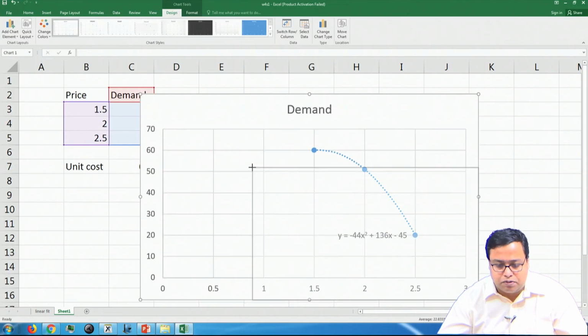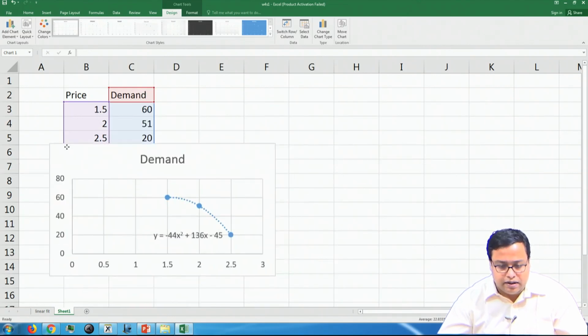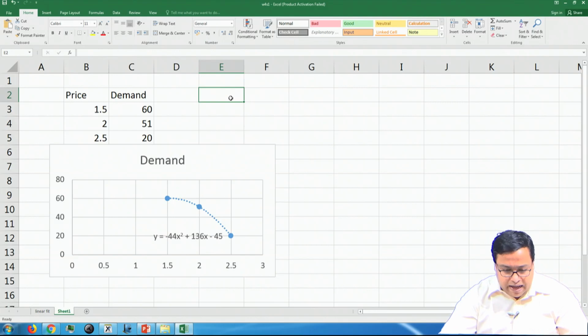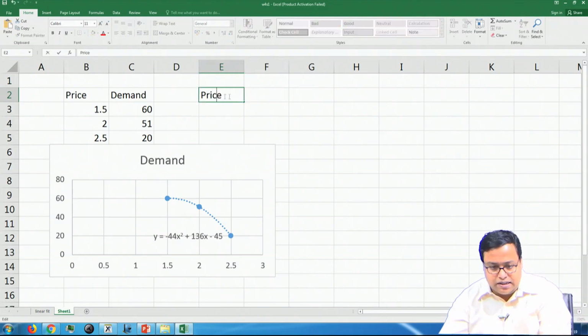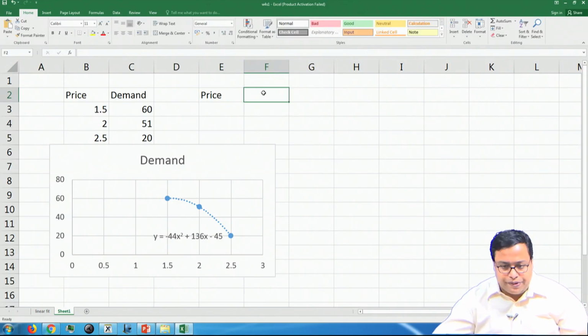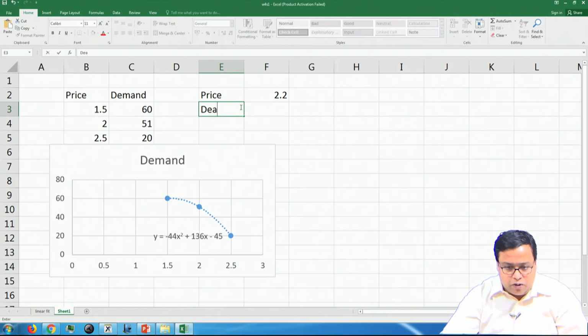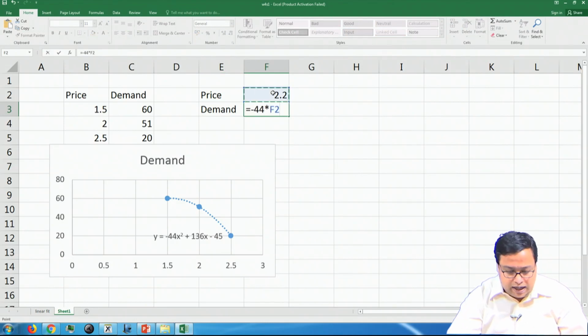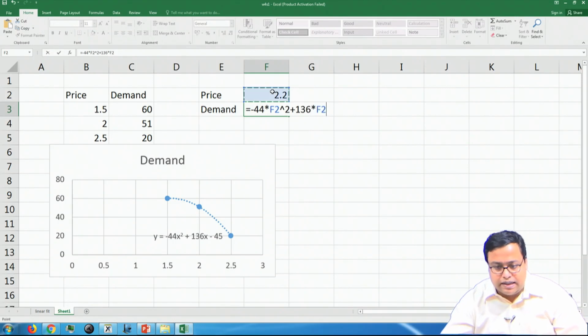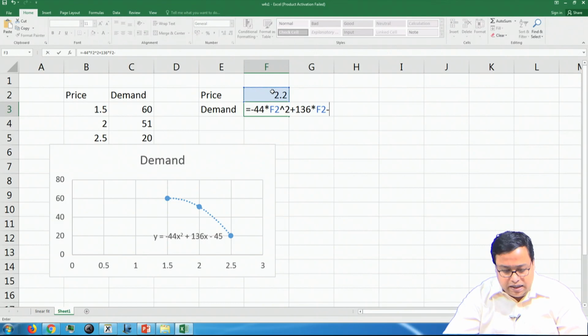So, I will remember this, probably I will put it here. Now, if my price was by chance, let us say, 2 rupees or 2.2 rupees, then the corresponding demand will be how much? The corresponding demand will be minus 44 into this squared plus 136 into this F2 minus 45, that will be my demand.